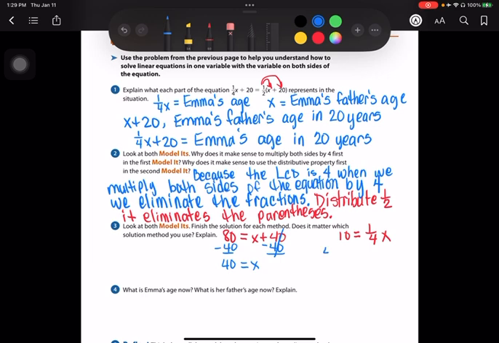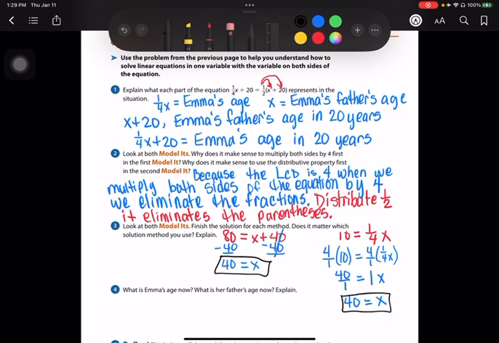So you're going to multiply 4 over 1 times 10, and you also will multiply 4 over 1 times 1/4 x. Okay, this gives us 40 over 1 equals 1x. Therefore, 40 equals x.